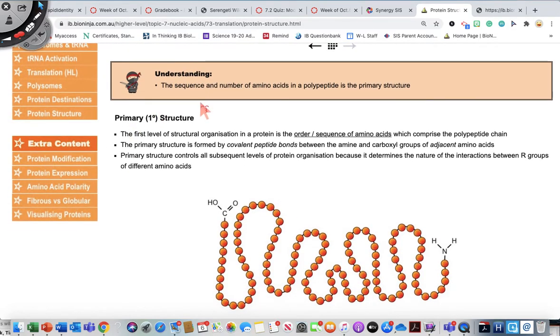So the essential understanding for the primary structure is the sequence and number of amino acids in a polypeptide is the primary structure. So here we see these orange circles. So these orange circles are amino acids, and amino acids, if you remember back from topic 2, they have a particular biochemical structure.